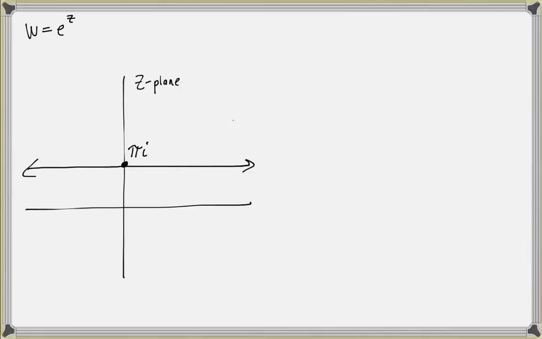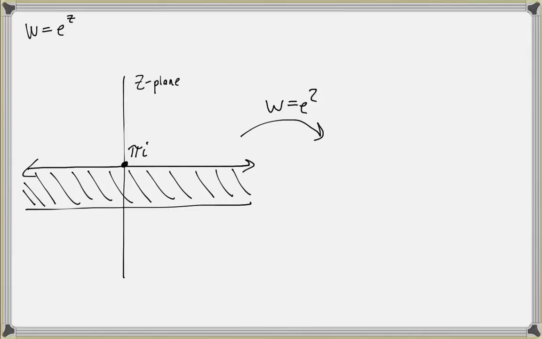Let's look at the image of one more region under the transformation w equals e to the z. Consider this infinite strip bounded between the horizontal line y equals 0 and y equals pi. So the boundary would get mapped to a ray in the w plane with argument equal to 0.